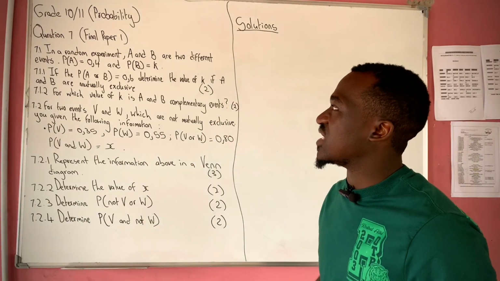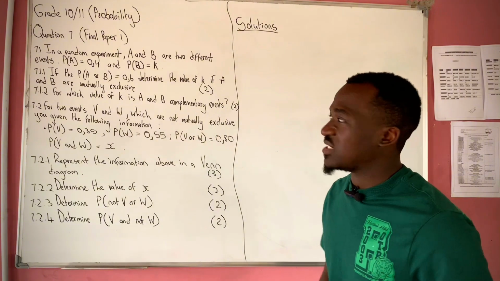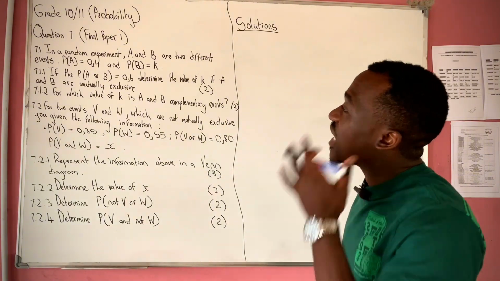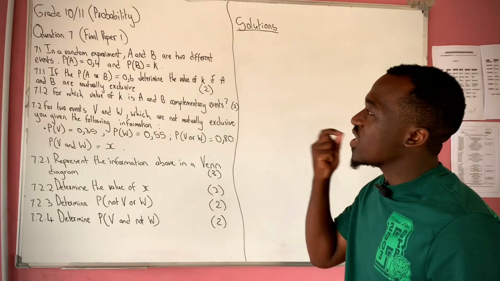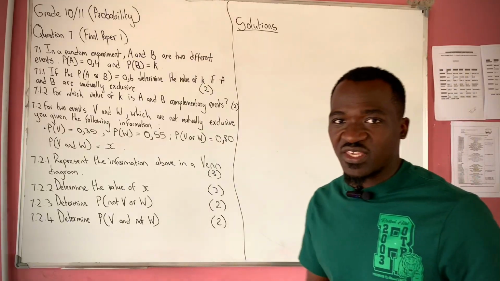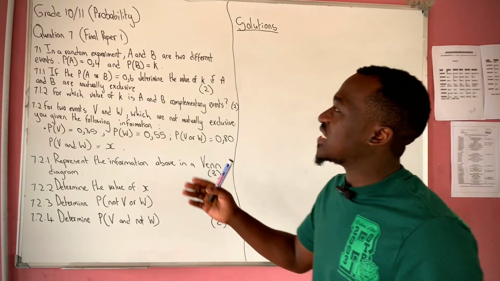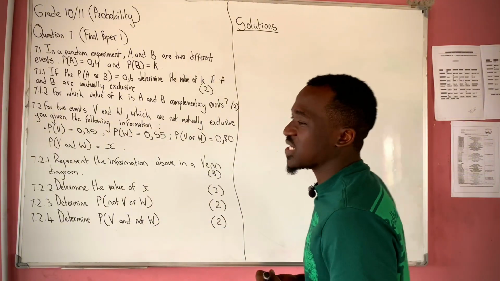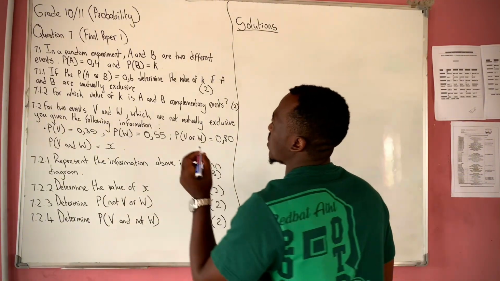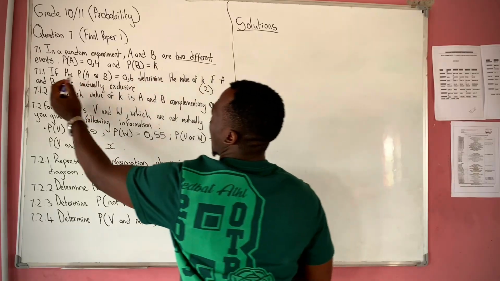7.1 simply states that in a random experiment, A and B are two different events. P of A is equal to 0.4 and P of B is equal to K. Now, looking at the first one, let's interpret the statement. The statement has some keywords.